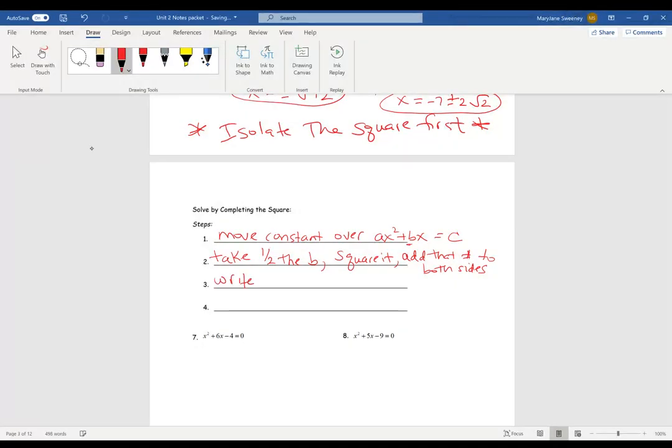Third, we write left side as a binomial squared. And then simplify right side.